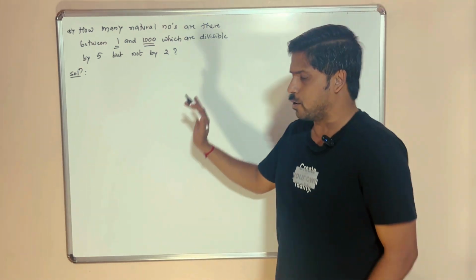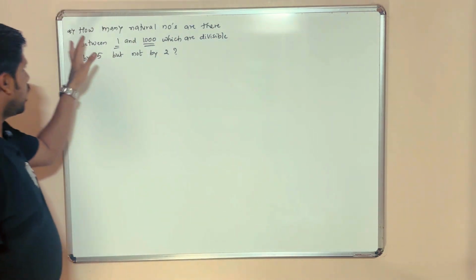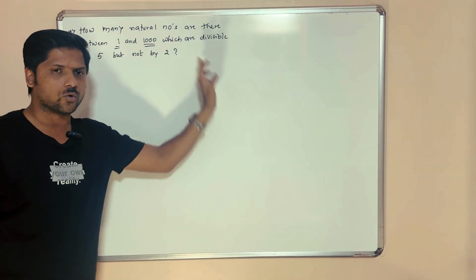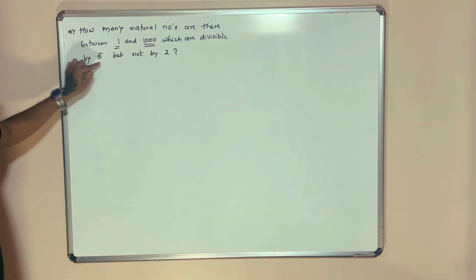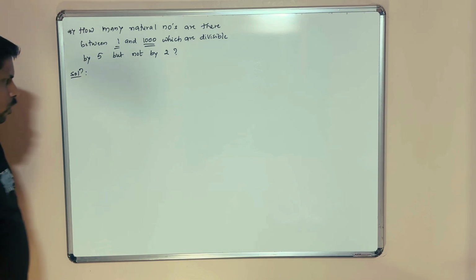Today we will continue the remaining problems of AP. How many natural numbers are there between 1 and 1000 which are divisible by 5 but not divisible by 2? So what are those natural numbers?